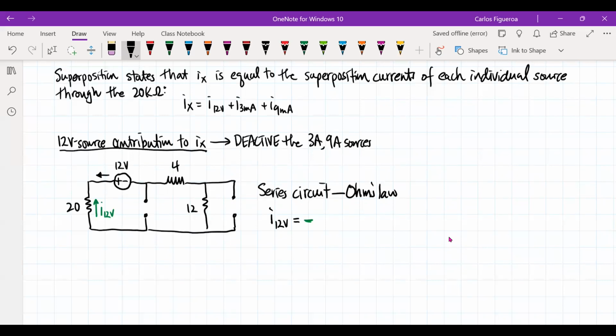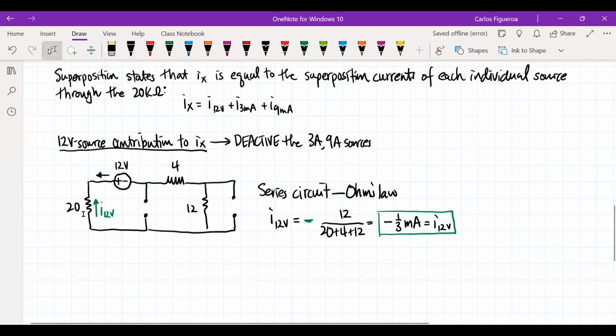So I have 3 resistors in series, divided into my source, and that's going to give me minus 1/3 milliamp for the current of the 12-volt source. So here's my first contribution.